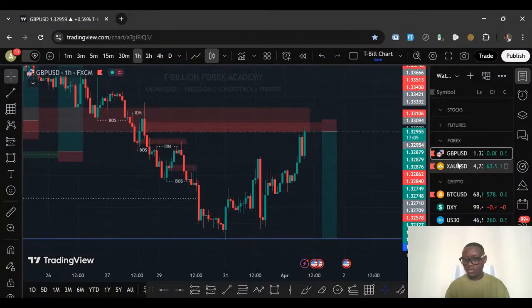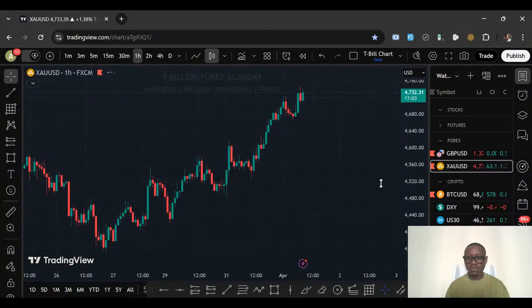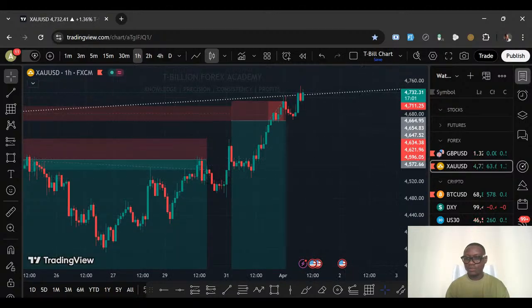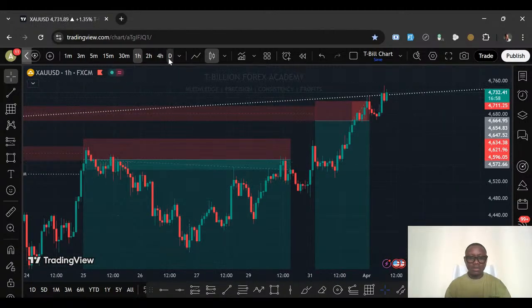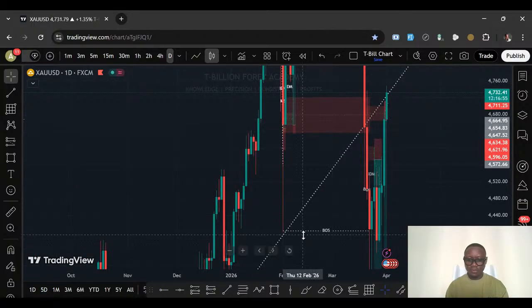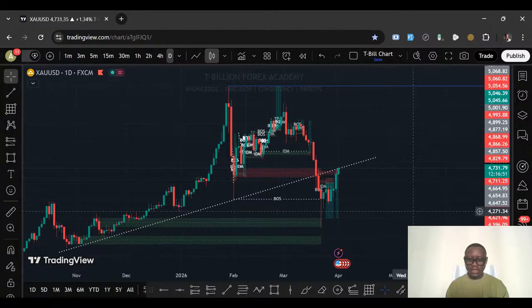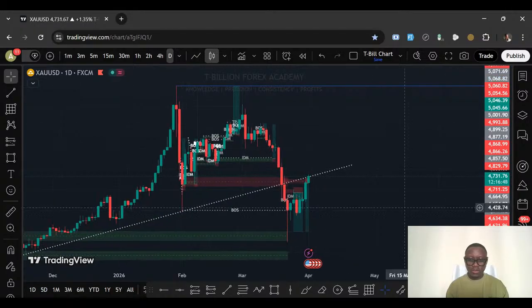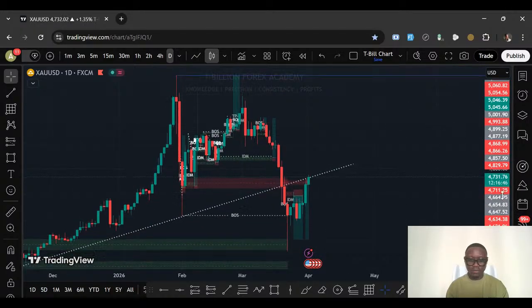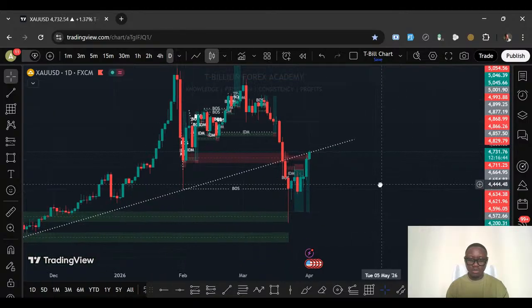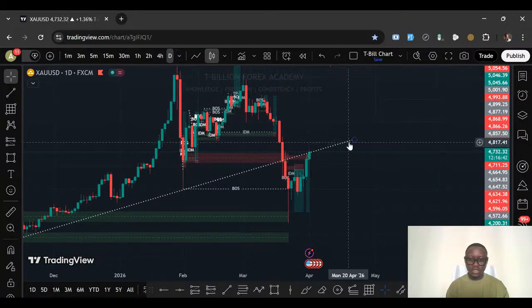Now on XAUUSD, let's see what opportunity we got. Starting with the daily time frame, you can see we're already getting a very strong bullish momentum on gold. If this trend line here didn't send price downward, then I would anticipate that this bullish trend would continue.